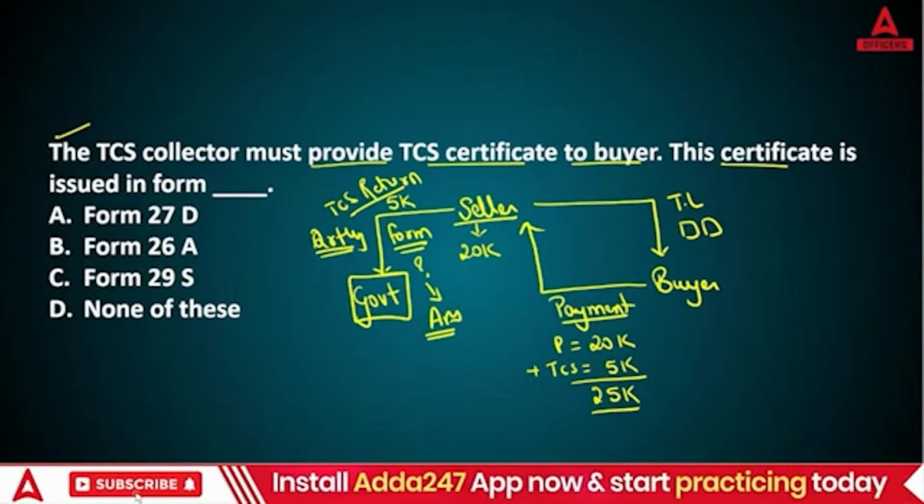Now, on the other hand, the buyer says, this amount belongs to me, I am paying this amount, so I want some proof that this 5,000 collected by the seller is actually deposited to the government. So what's the proof? Here the seller needs to provide a TCS certificate to the buyer.